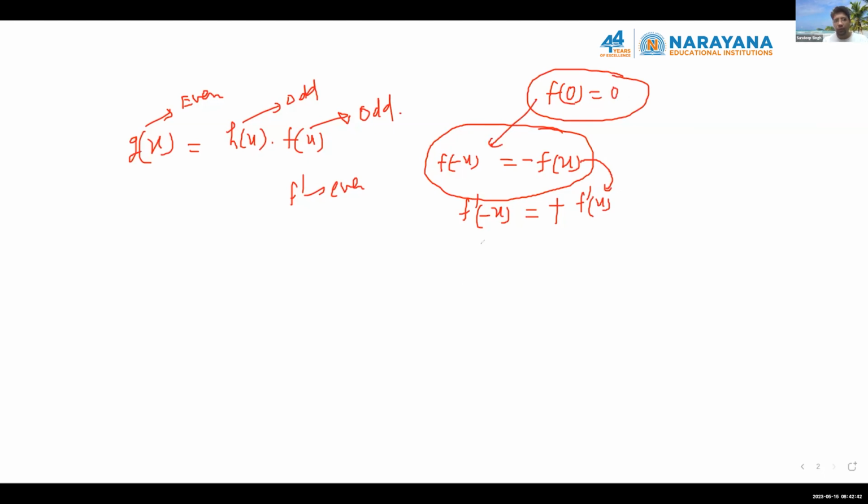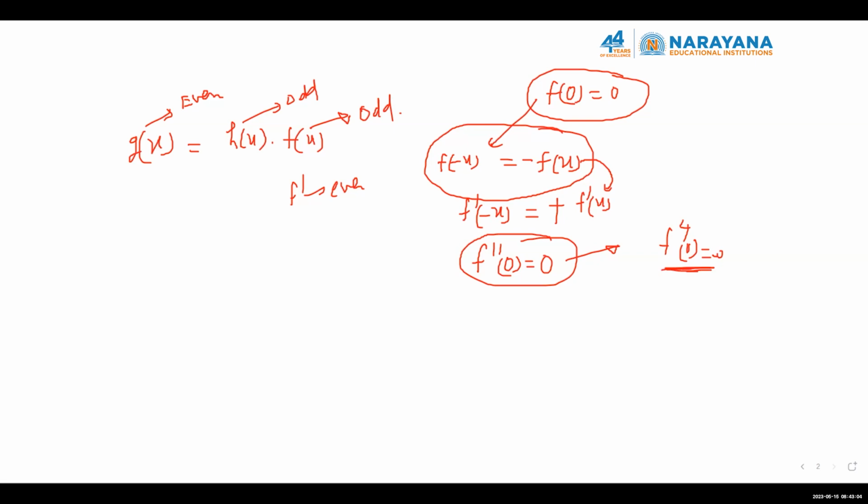Is that clear or not? So what will be the double derivative? Its double derivative will also be 0. Are you getting the point, Siddharth? Yes, sir. Likewise, the fourth will also be 0. Correct? So therefore all even order derivatives will be 0. Like that you have to tackle it. Clear? Yes, sir. Okay.